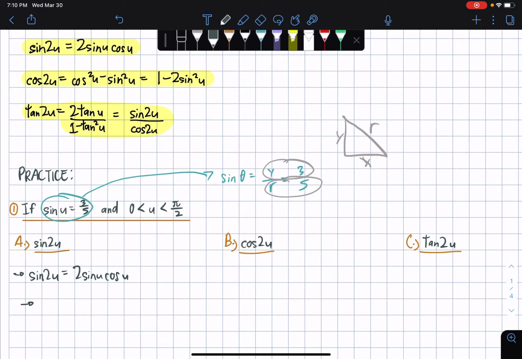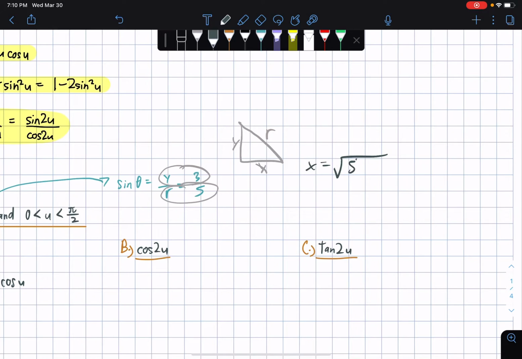So what we have to do now, before solving what's required in A, B, and C, is solve for x, which is basically the hypotenuse minus the other given side. So x is basically 4.